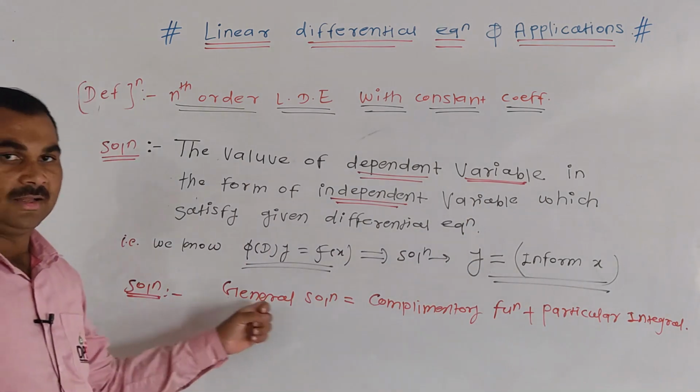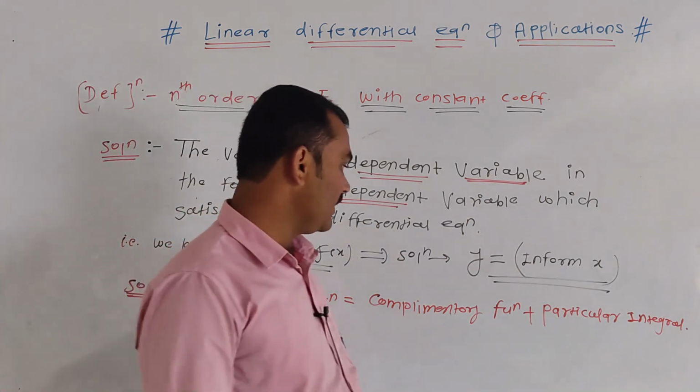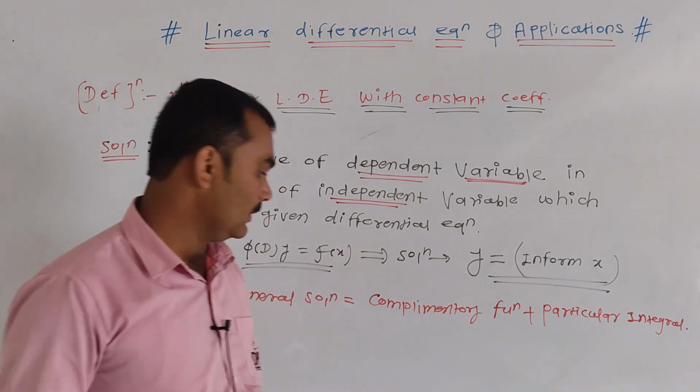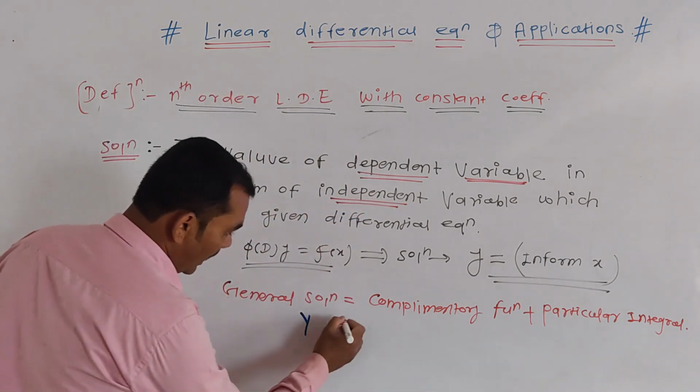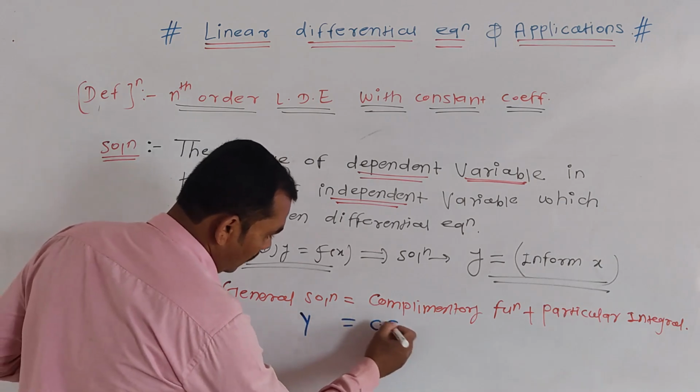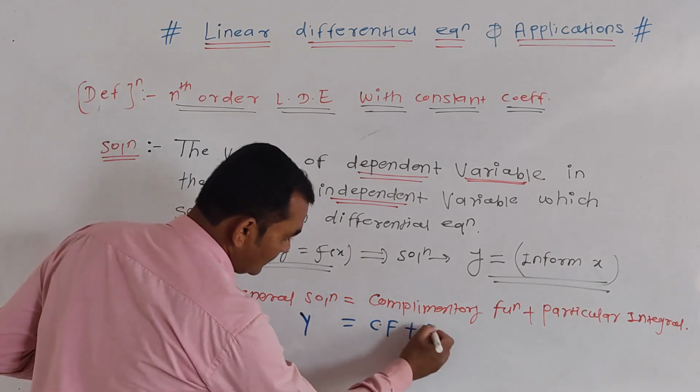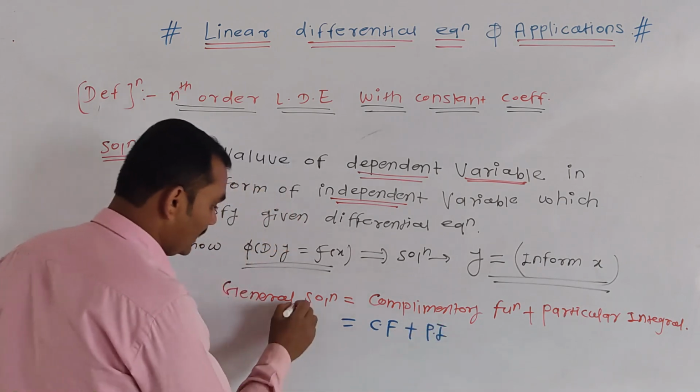This is your solution. The general solution is equal to complementary function plus particular integral. Okay, that is the value of y. We have to find value of y is equal to CF, complementary function, plus PI, which is called particular integral.